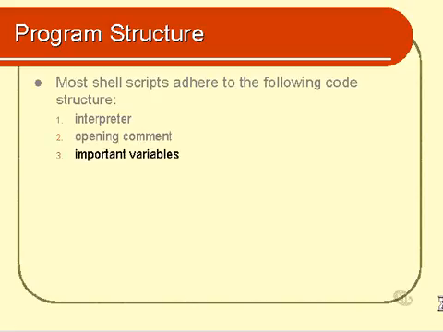Next, you would specify all your important variables. Let's say, for example, it was a backup program, and you might have a variable that determines where the backups are actually written to. Maybe you actually don't have such a variable, but it would be a good idea to create one even if you don't.